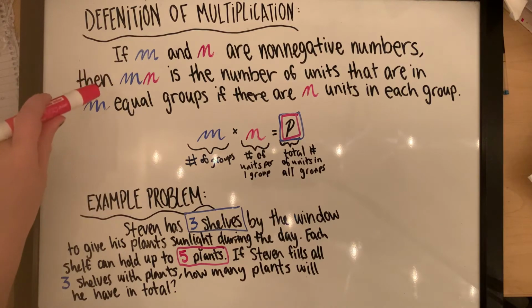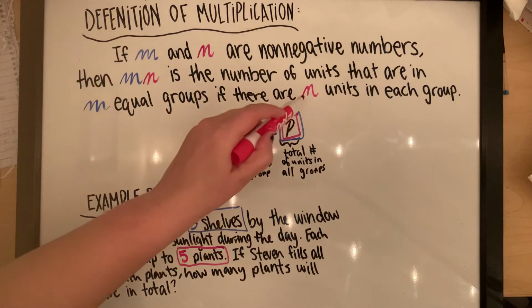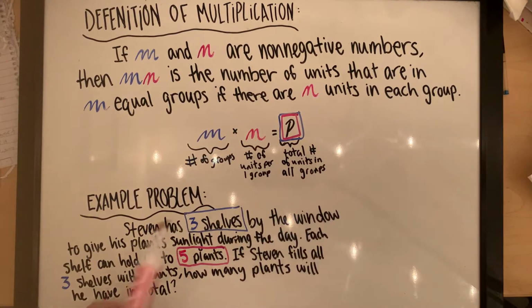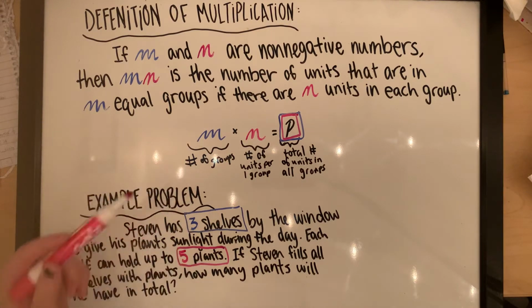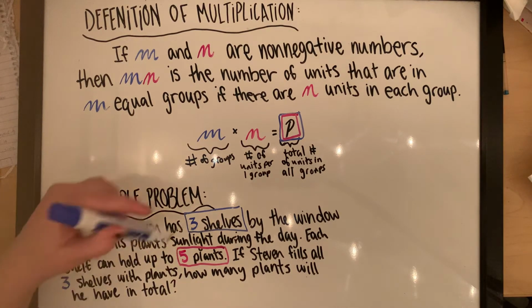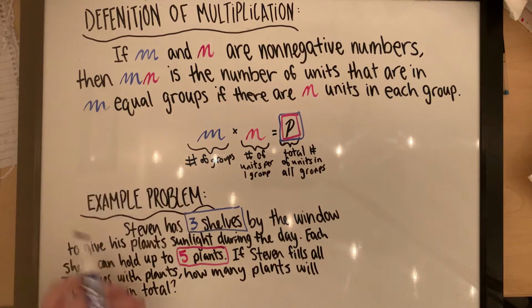Referring back to our definition of multiplication, n is the number of units in each group. So 5 is the number of plants that each shelf can hold, and we have 3 shelves. That's how we can tell that 3 is our m value and 5 is our n value.